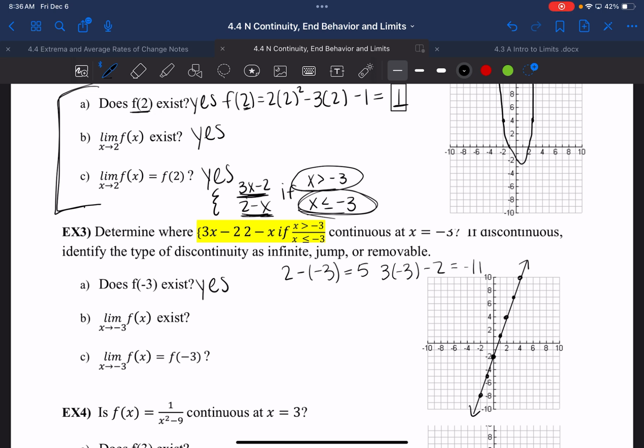Okay, and then our second graph is 2 minus x. This could also be rewritten as negative x plus 2, right? So my y-intercept is at positive 2, and then my slope is negative 1.